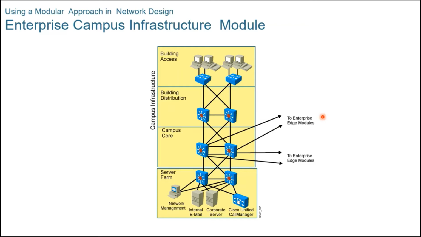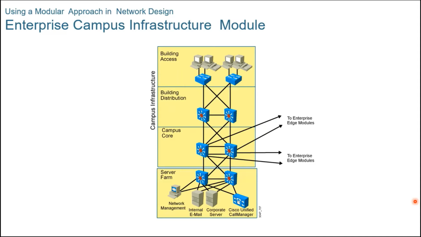So regional offices, SOHOs, and mobile workers might have to connect to the central campus for data and information. So as illustrated here, the enterprise campus functional area includes the campus infrastructure module and typically a server farm module.